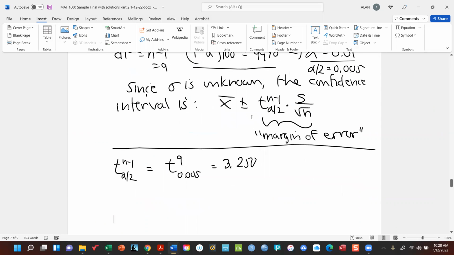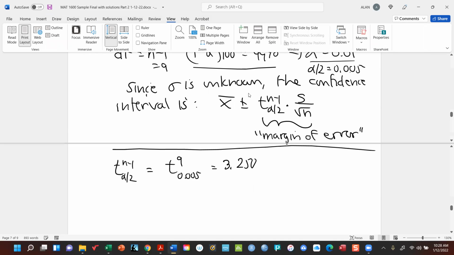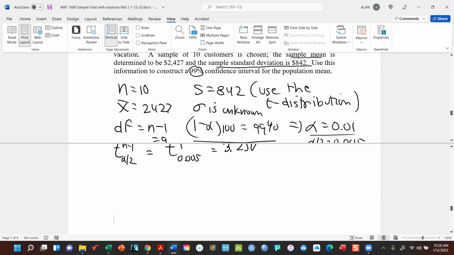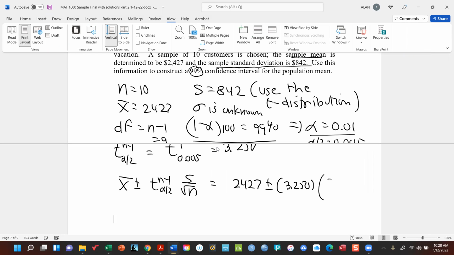So first, let me split the screen. So we have x bar was 2427 plus and minus 3.250 times 842 over the square root of 10.